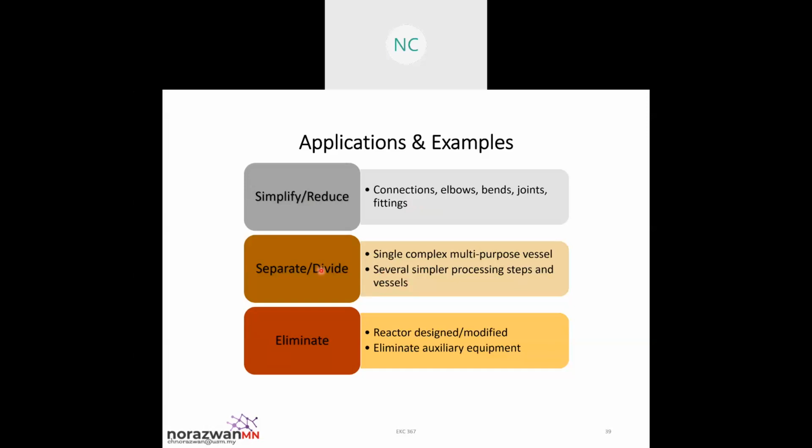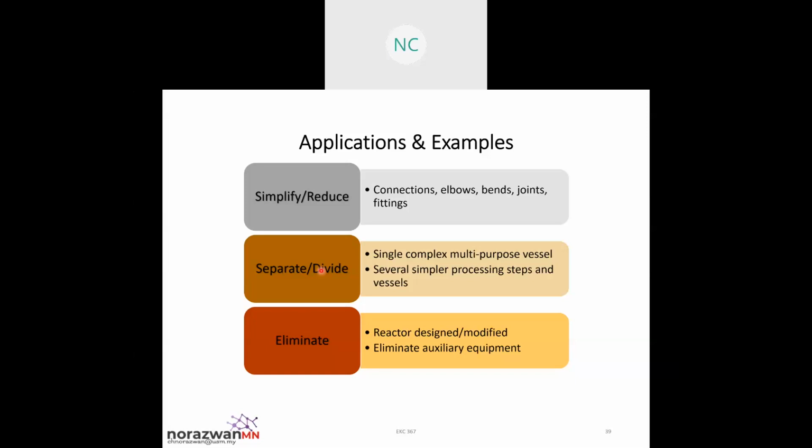Instead of using a single complex multi-purpose vessel, maybe you can introduce several simpler processing steps, or vice versa. If there are too many simple processing steps and vessels, why not just introduce one type of vessel? Okay, there is give and take between these approaches.